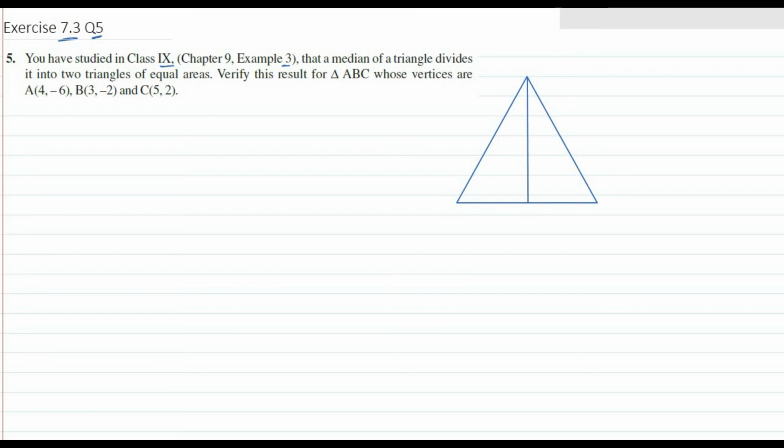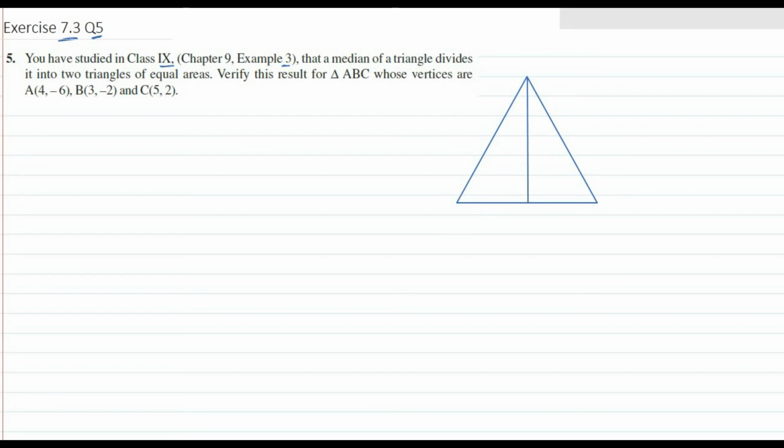You cannot tell that we have not studied, sir, because he has given everything. So a median of a triangle divides it into two triangles of equal area. Okay, whatever the median of a triangle, it has two equal halves, so the areas of the two halves are equal.